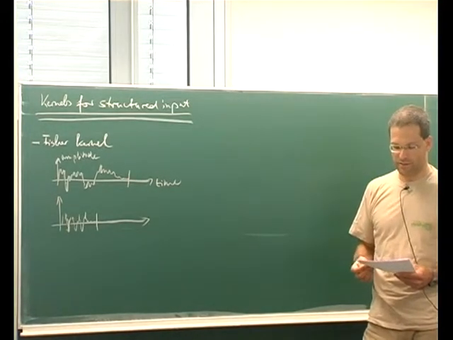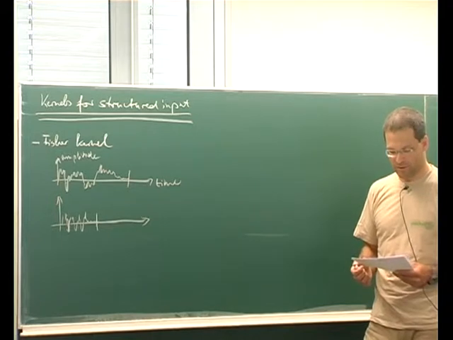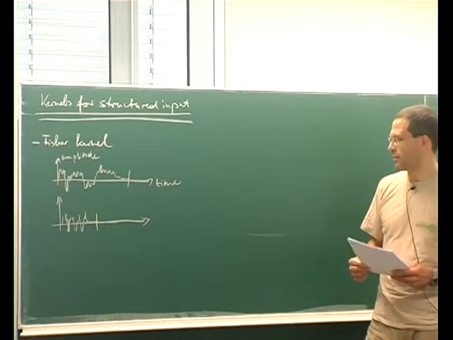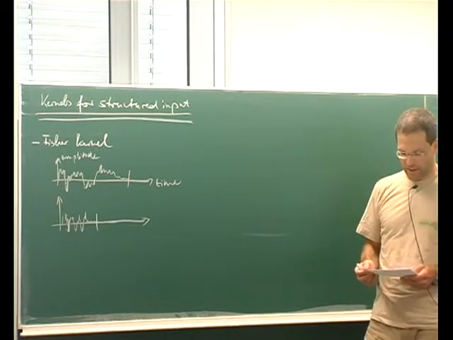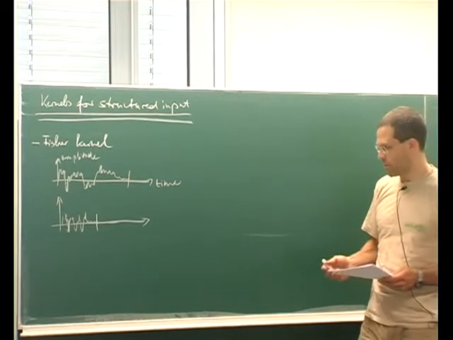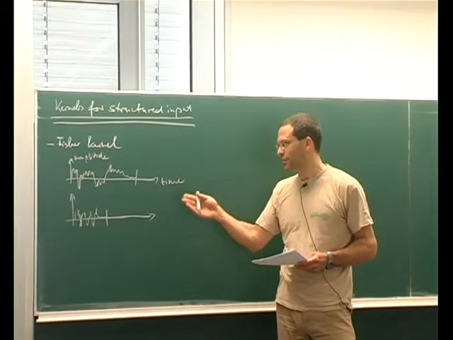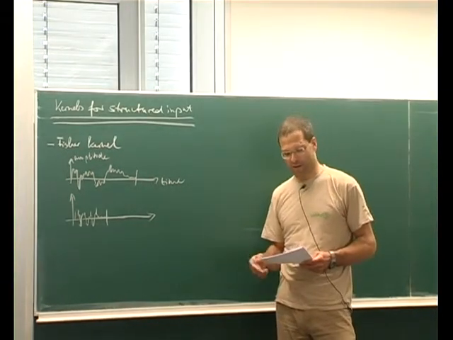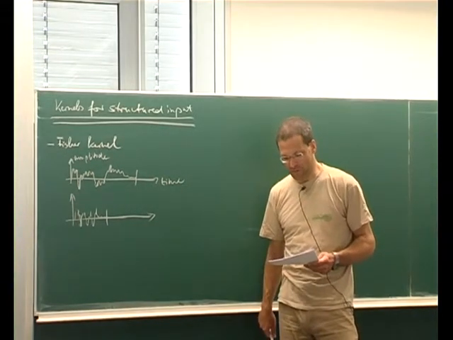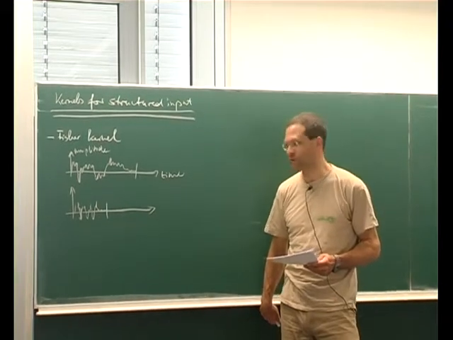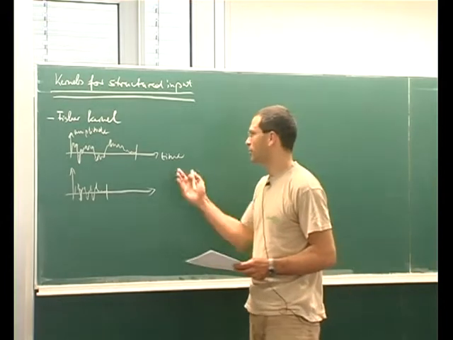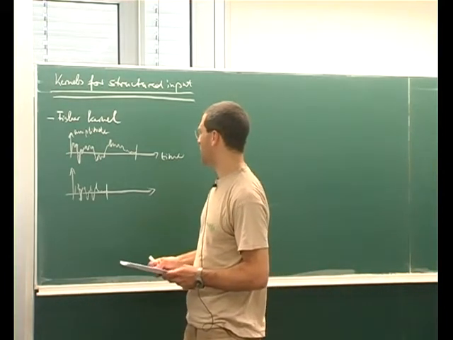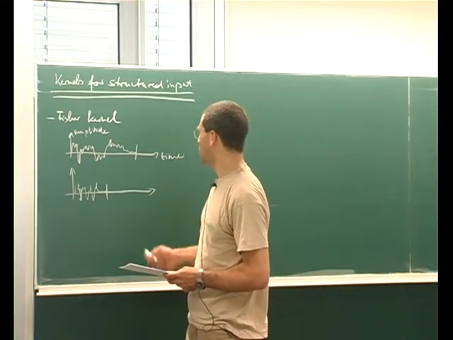And the proposal here for the Fisher kernel is to consider a generative model and then take the derivative of this generative model with respect to one or the other input and use those derivatives to obtain a kernel in the end.